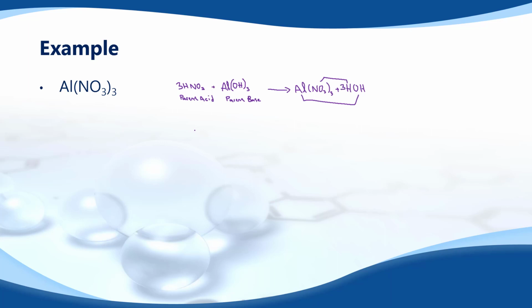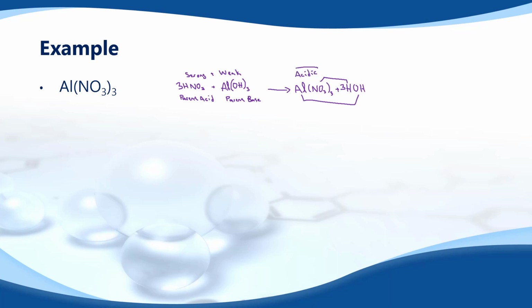But realistically, what we want here is that our acid is HNO3, nitric acid, which is a strong acid. Our base is aluminum hydroxide. Aluminum is not in group 1, nor is it in group 2, which means aluminum hydroxide is a weak base. A strong acid reacting with a weak base will produce an acidic salt.